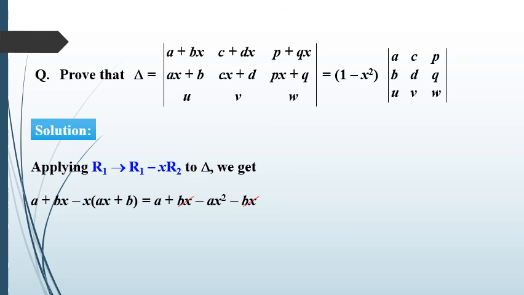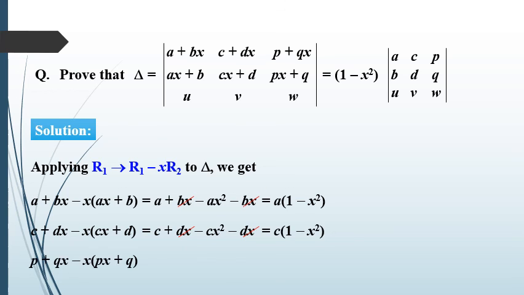So the first element of R1 is A plus Bx, and the first element of R2 is Ax plus B. So on simplifying we get A into 1 minus X square. Similarly, the second element of R1 minus X times the second element of R2, we get C into 1 minus X square, and the third element of R1 minus X into the third element of R2, we get P into 1 minus X square.